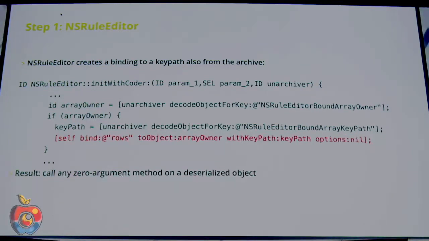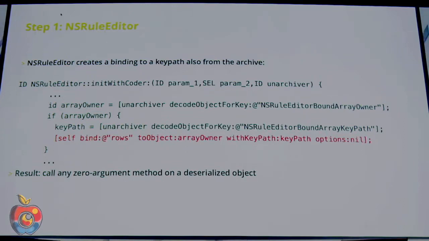Now how this works internally is that if you create a binding, then you should select a property of the object. There's really no check for that. So what you can just do is you can call any method as long as it has no arguments on an object. And whenever you make that binding, it needs to create an initial value so that method is invoked immediately as you deserialize this object.